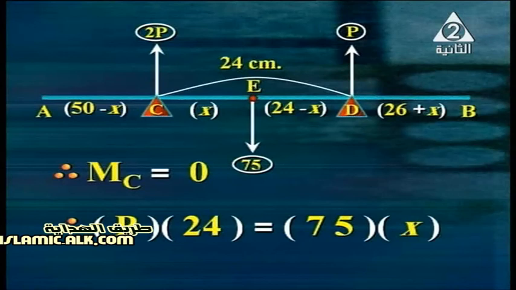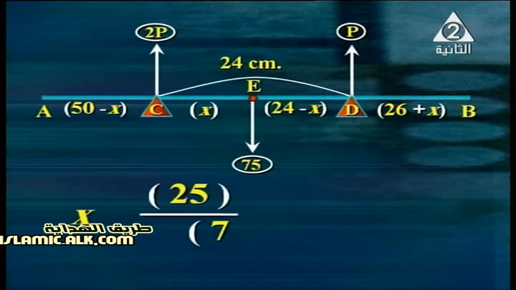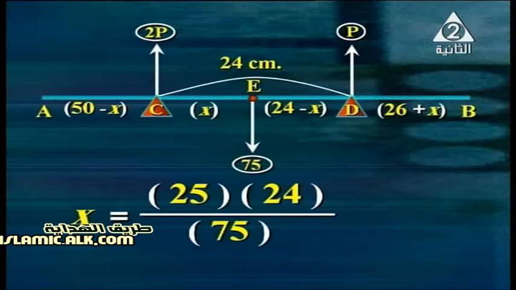Remember, b equals what? Excellent student. 3b equals 75, b equals 25. By substitution of b equals 25, therefore x equals 25 times 24 over 75 equals 8 centimeter.